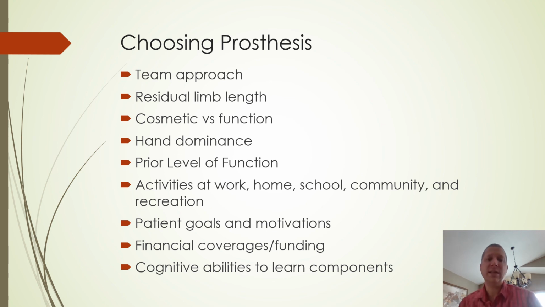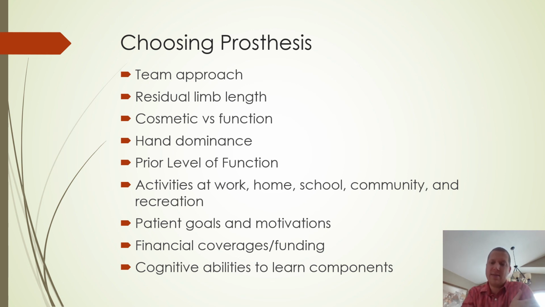Choosing a prosthesis is typically a team approach. It's going to depend on the residual limb length, of course. The more proximal the amputation, the more difficult or complicated that prosthesis is.